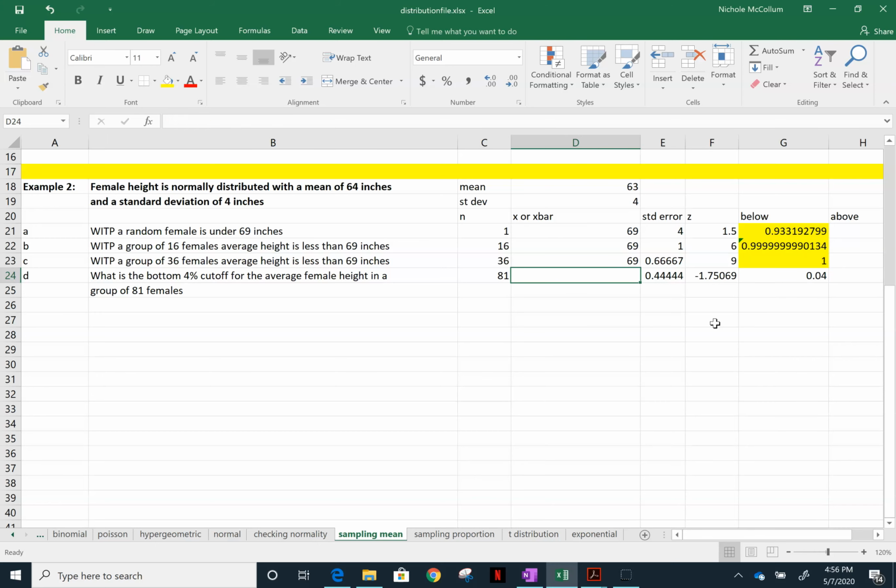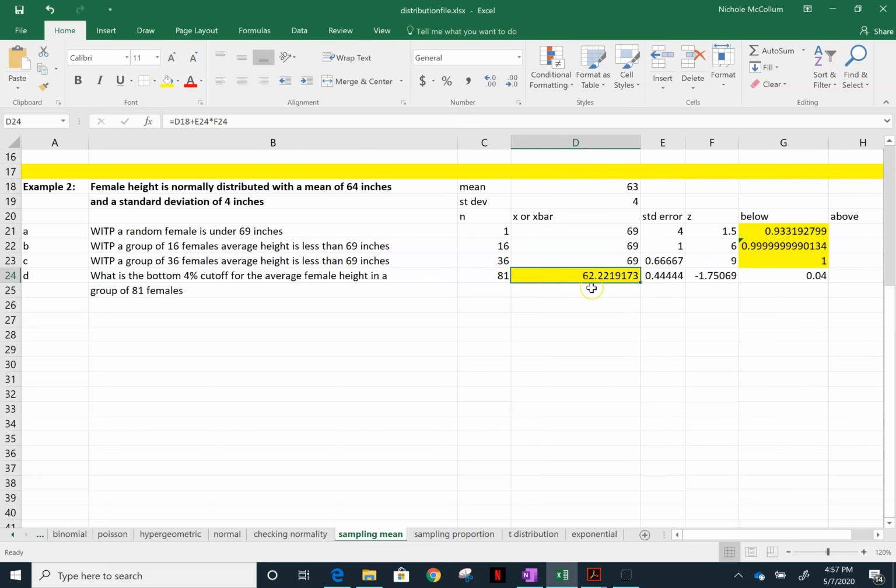Once you know your Z value, you can use the formula for Z transformation backwards. So think about this. You have the Z value, you have the standard error, and you have the mean. So if you take the mean and add on the standard error times the Z value, you get what you were looking for.